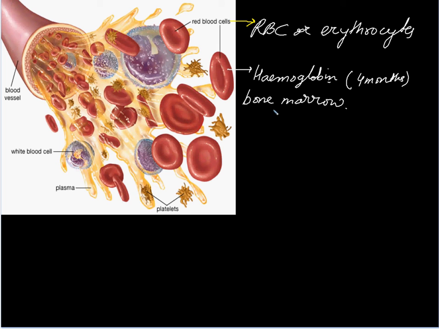Then comes the next component, the white blood cells, or WBC. The other name for white blood cells is lymphocytes.